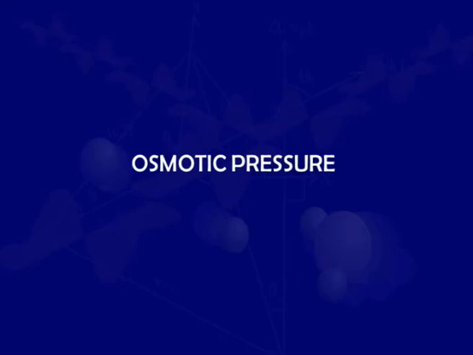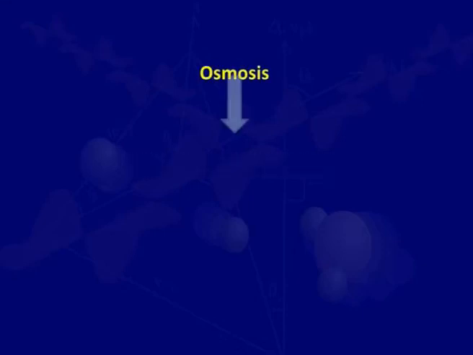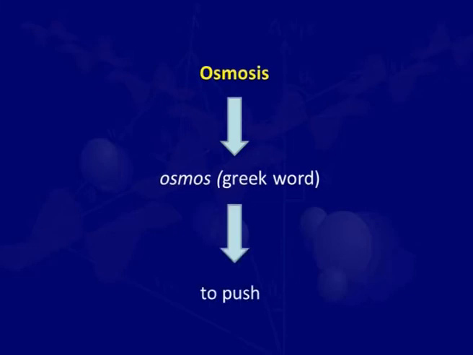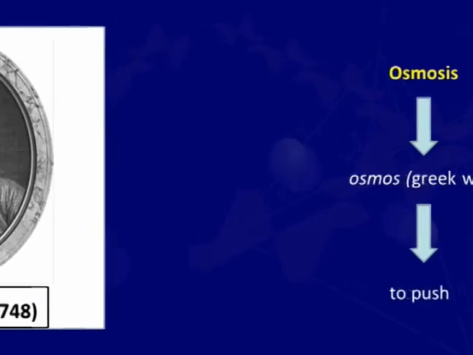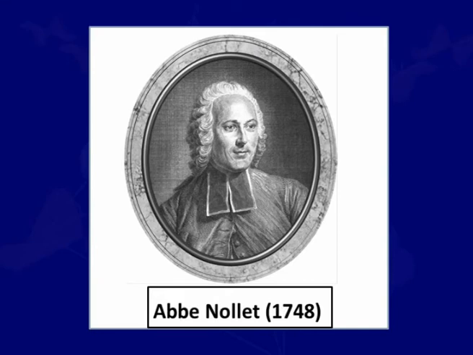There is another very important colligative property known as osmotic pressure. Osmosis has been derived from the Greek word osmos, which means to push, and this phenomenon was first observed by Nollet.